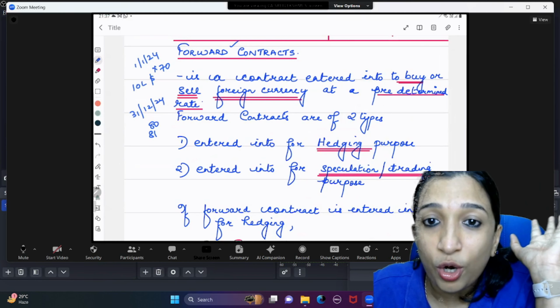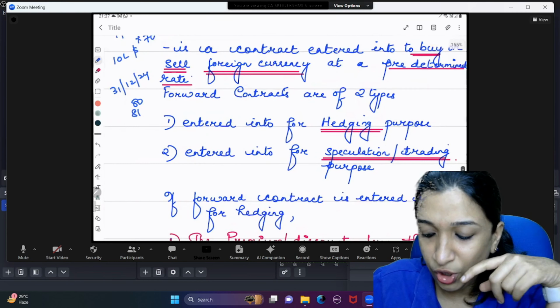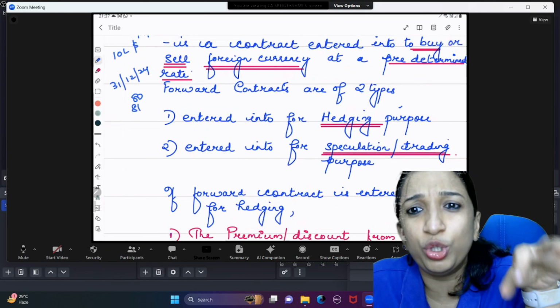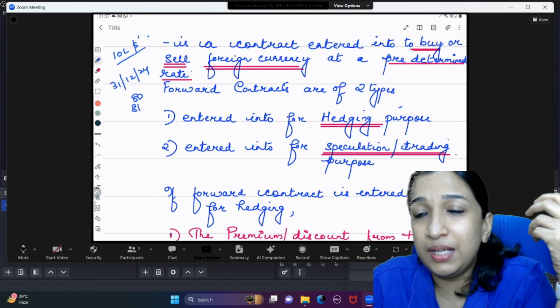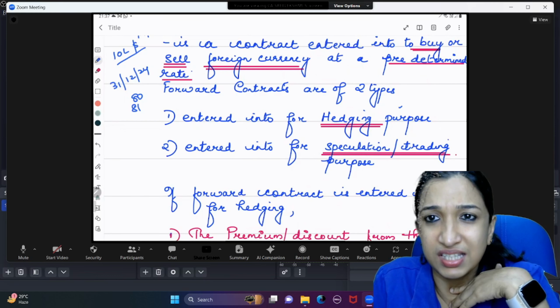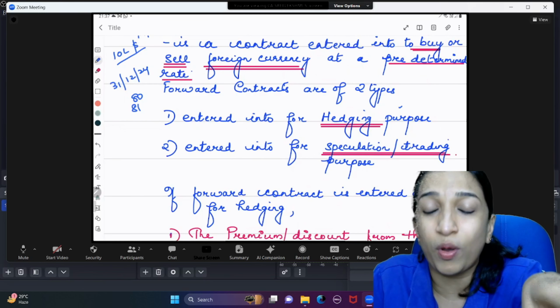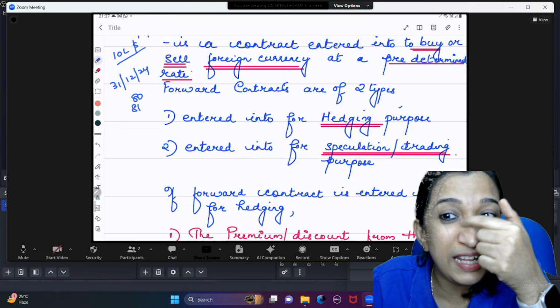So these forward contracts can be entered into for hedging. What do you mean by hedging? Really, I need $10 lakh to settle maybe some purchases, or I really need this amount. $10 lakh is required by me. It's a genuine contract. That is what is called hedging.